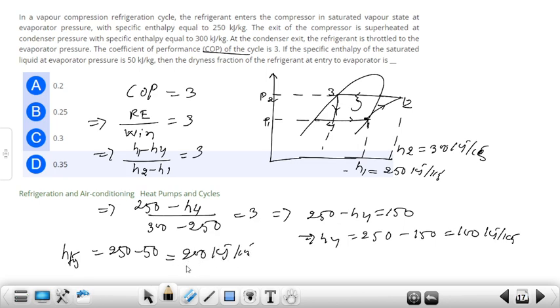Now we use the dryness fraction equation: H4 is equal to HF plus X HFG.